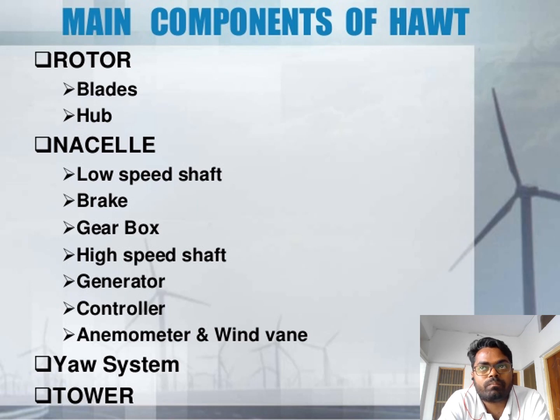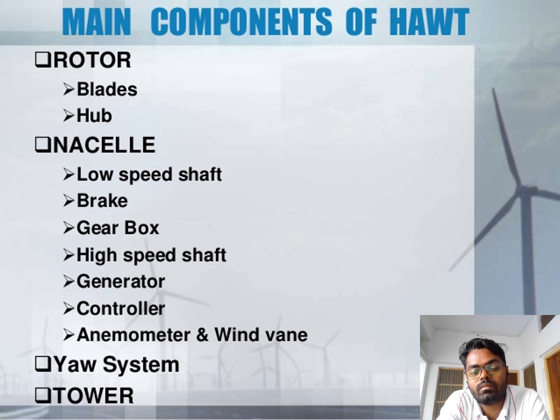If the wind speed is more than the designed speed, then the generator is automatically detached from the low speed shaft and the windmill automatically stops. Here we also use an anemometer, whose function is to measure the wind velocity, and a wind vane is used to detect the direction from which the wind is coming.